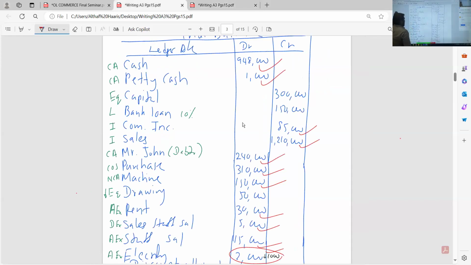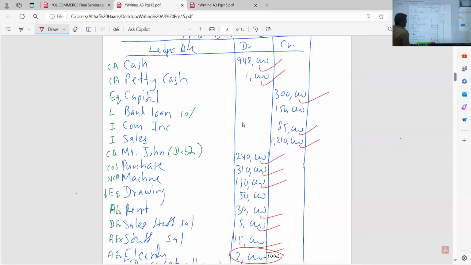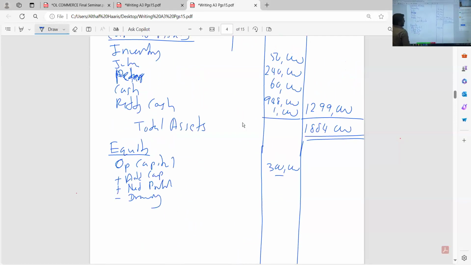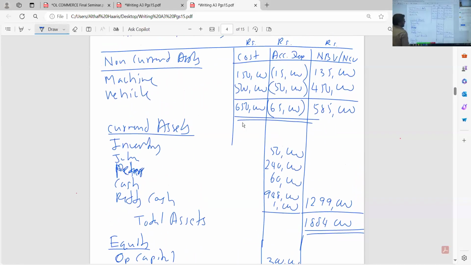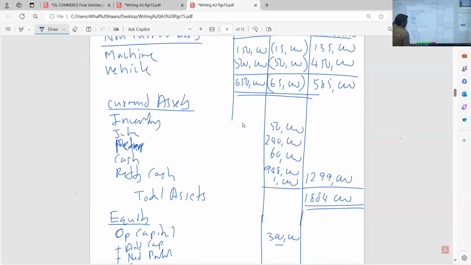So capital 300,000, no additional capital. Net profits, how much is that in this question that we got? Net profit 895,500.